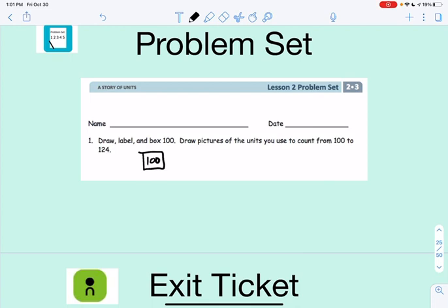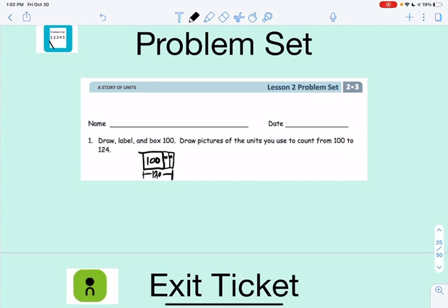No, because I'm already at 100 and I'm not going to 200. So I need tens. I'm going to need 2 tens. And what does 2 tens get us to? That gets us to 120.